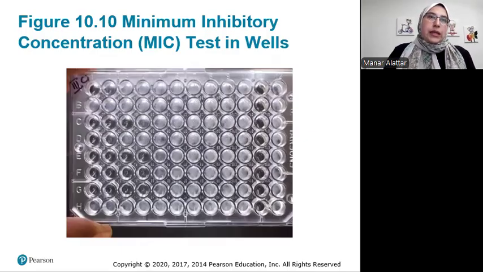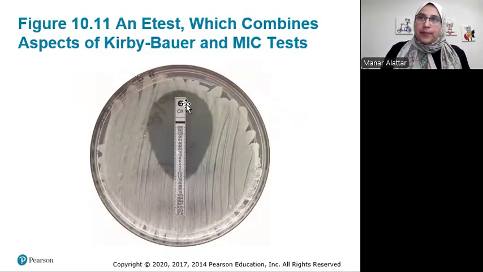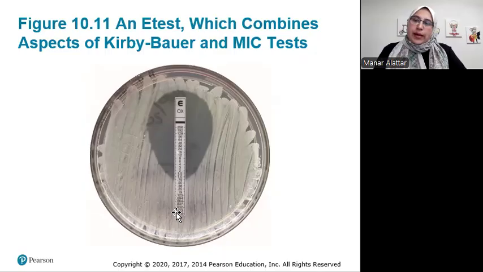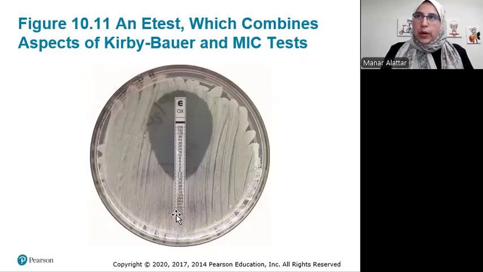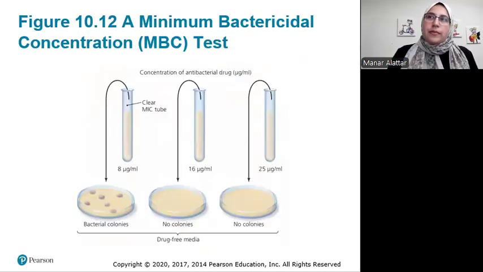You can actually combine these two tests into one with these E-tests, where you have a strip that has different concentrations of the same antibiotic rather than multiple different antibiotics. You can see here the concentration is highest on this end of the strip and lowest on this end. Organisms on this end in this lawn are most impacted by the antibiotic, and the impact tapers off as you go lower in concentration.